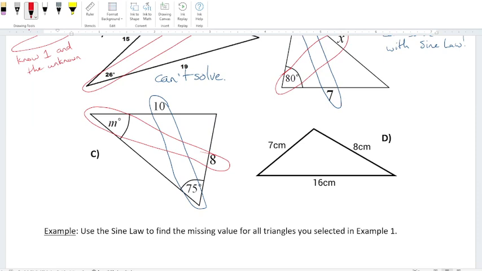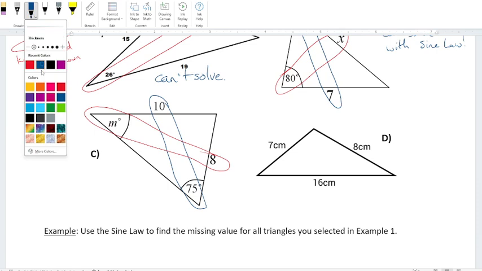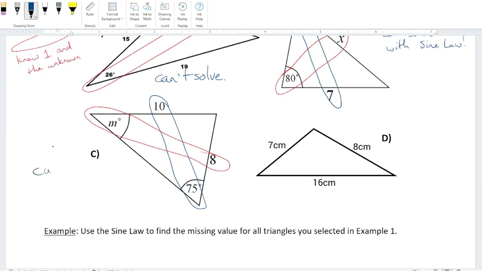So I have 3 things I know, one that I don't. We can solve this with sine law. We're not going to do that today. We'll do that type tomorrow, but we can solve it with sine law. We just don't know how to do that type yet. We're just going to solve sides today, but that is solvable by sine law.